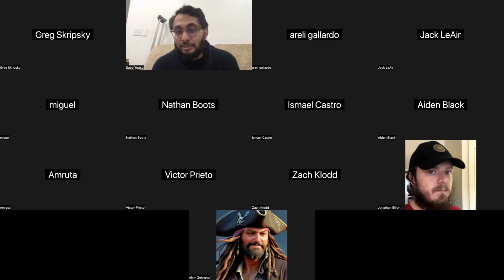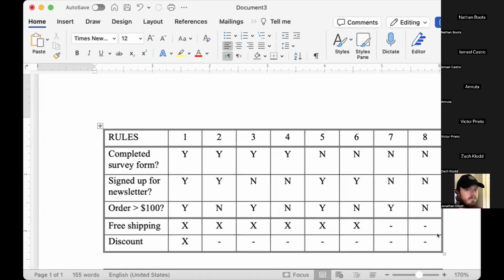Let's look at the problem statement, the way it's structured in the table format. So it's a decision table. There are 3 conditions: completed survey form, signed up for newsletter, and if order exceeds $100. If all conditions are fulfilled, free shipping and discount. If the first 2 are fulfilled but the order is not over 100, then you only get free shipping, not a discount.